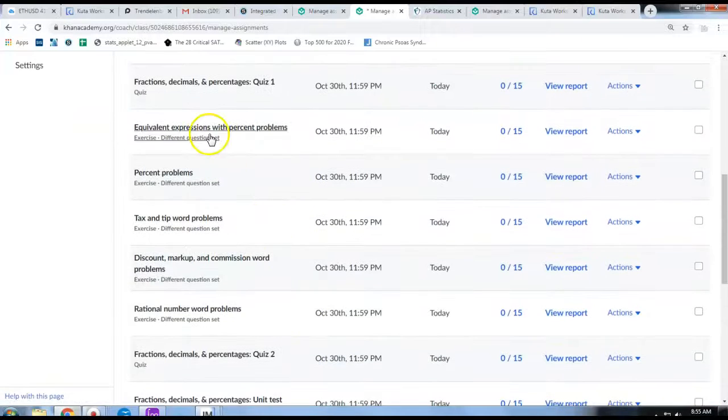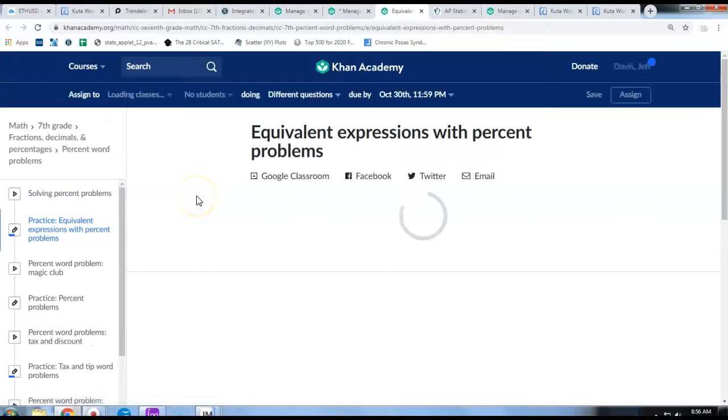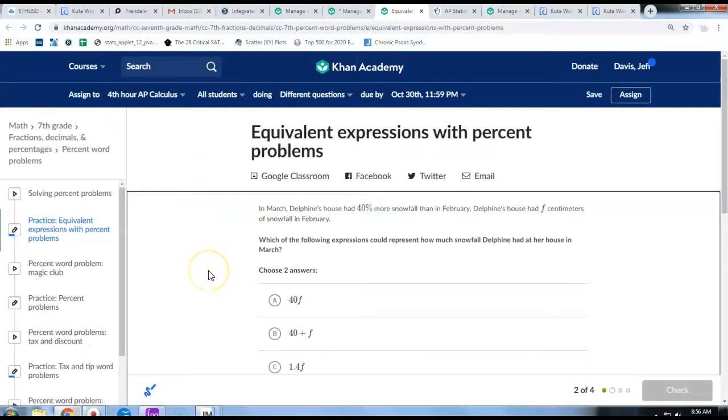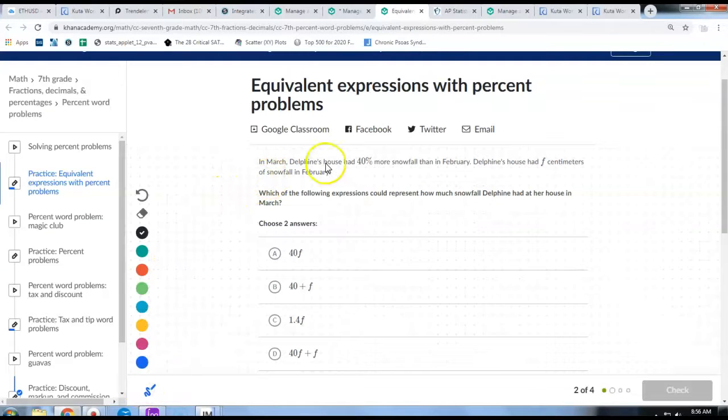Equivalent expressions with percent problems. All right.